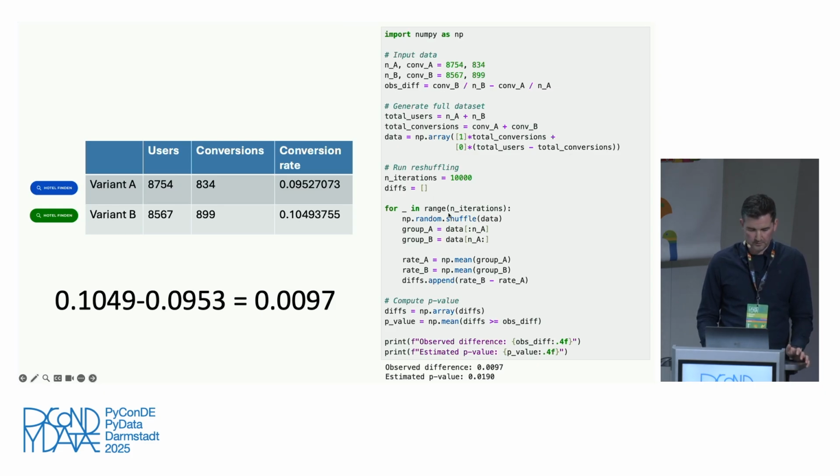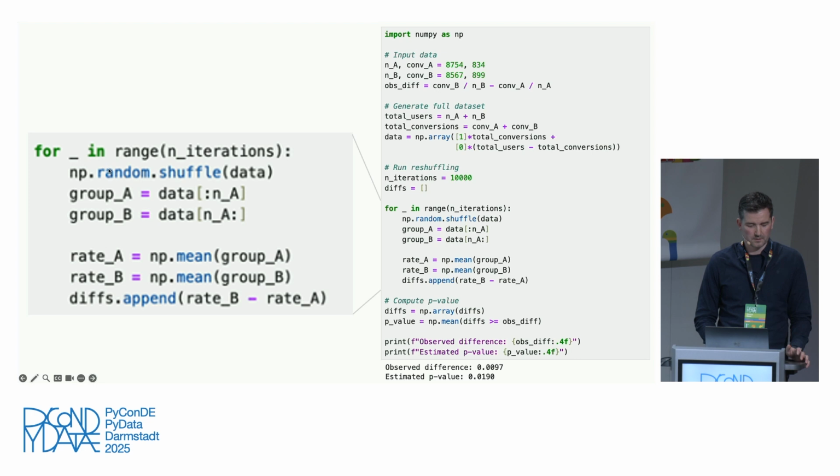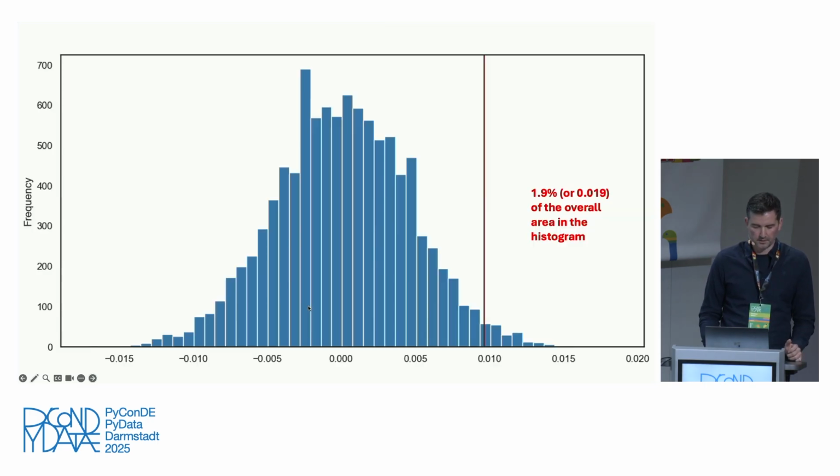And then we just shuffle, which is again the same thing. I use NumPy's random shuffle here. And this is important, I always take the same size for A and B. They could be different, but here you need to always take the same sizes. You can shuffle them, but then always take the same sizes, subtract the mean, and just plot it.